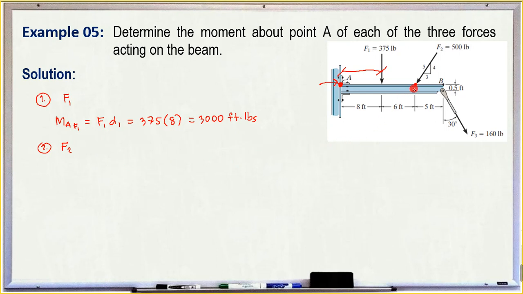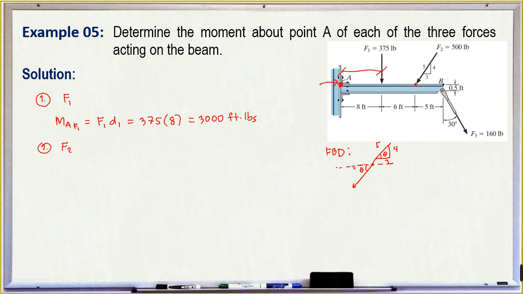Now let's take its FBD. There is a triangle to express its angle: this is 4, this is 3, and this is 5. The angle is automatic because they are vertical angles.